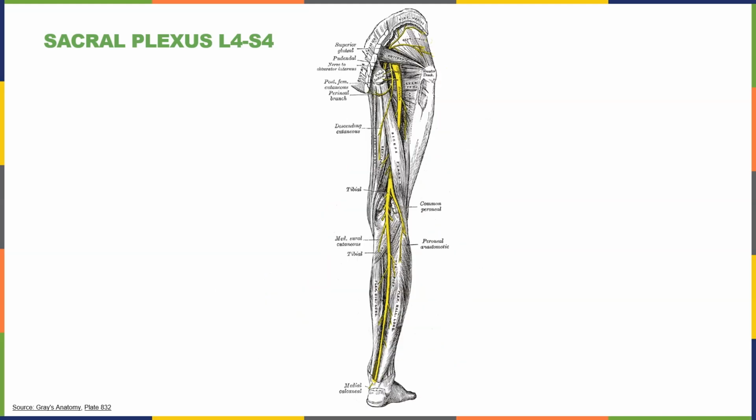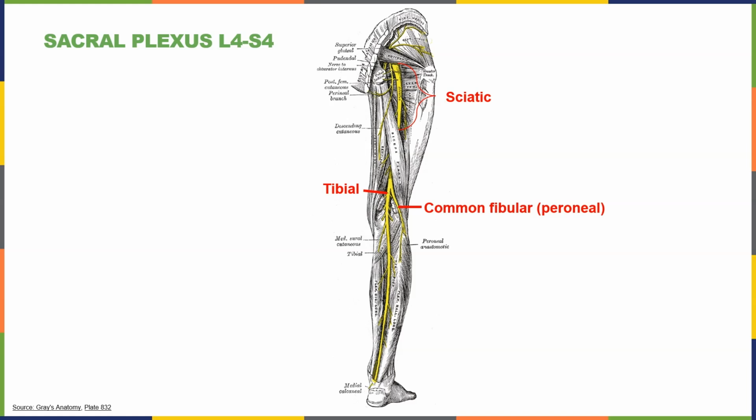Here we see the major nerves of the sacral plexus as they're traveling down the posterior of the thigh and leg. The sciatic nerve is the large nerve traveling through the posterior of the thigh. And then the sciatic nerve branches to form a common fibular or common peroneal nerve and the tibial nerve.